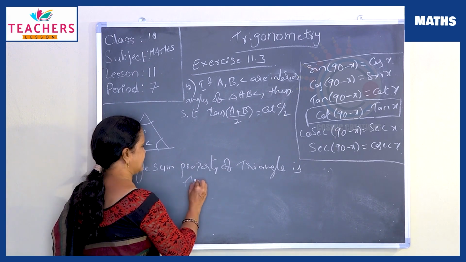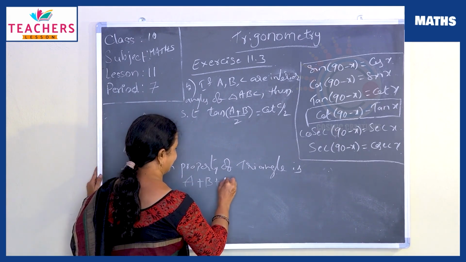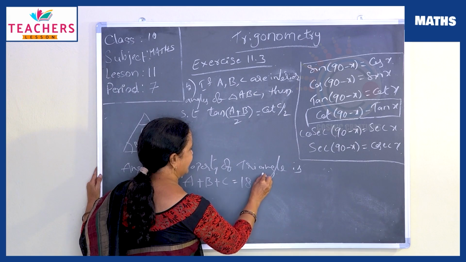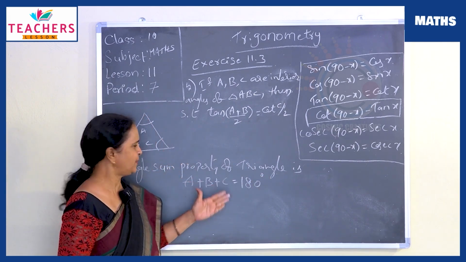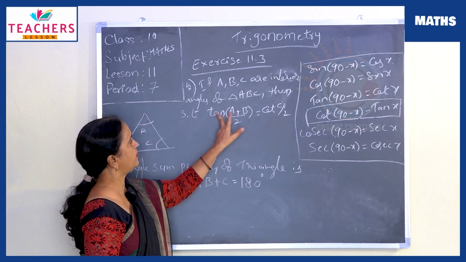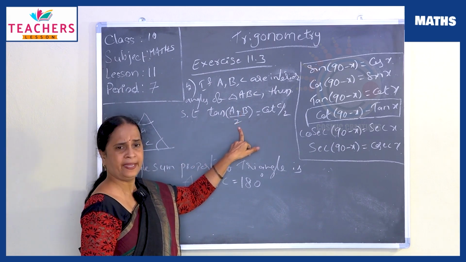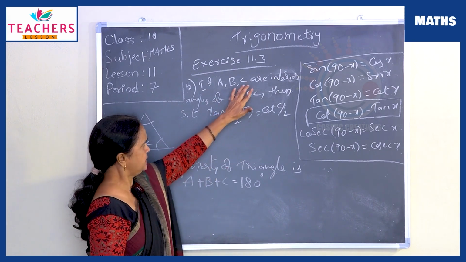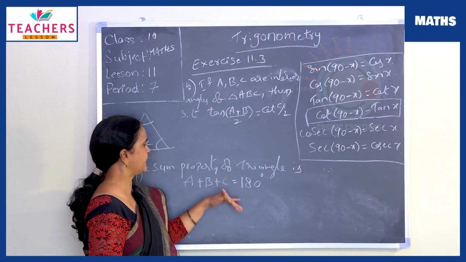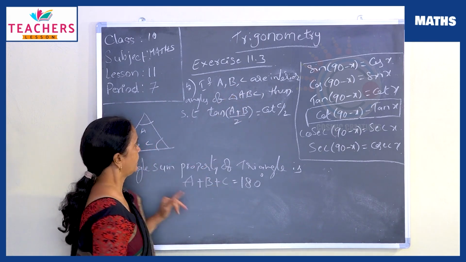A plus B plus C is equal to 180 degrees. Okay, but they have asked only for tan of (A plus B) by 2. This condition was given just to write this one.